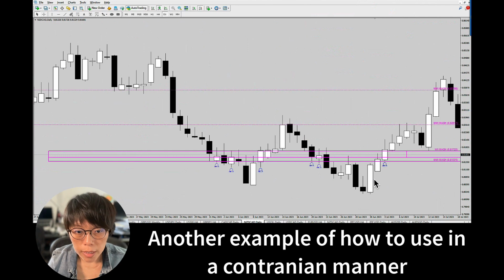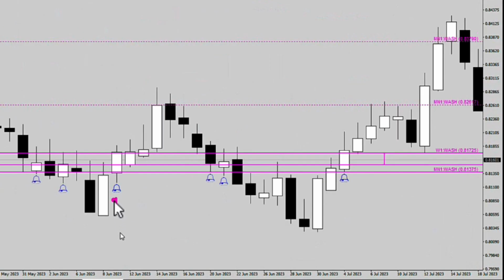Let me give you another example to explain the use of the bell. For example, in here, this bell points to a bullish cross and a close. There was indeed a close above the magenta region, and if price doesn't reverse back down, this means that this bullishness is going to be genuine, it's going to be true. Now, however, take a look at this place here.